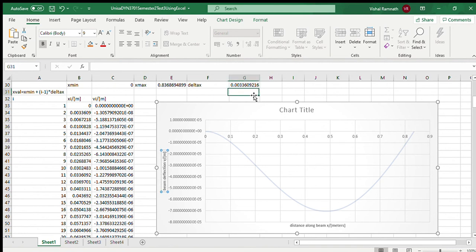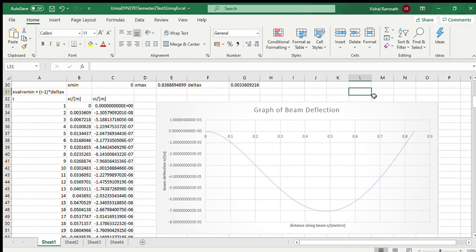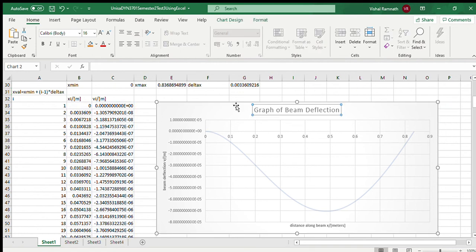There we go. Chart title: graph of beam deflection. Okay, let's change it to something a bit more pretty.